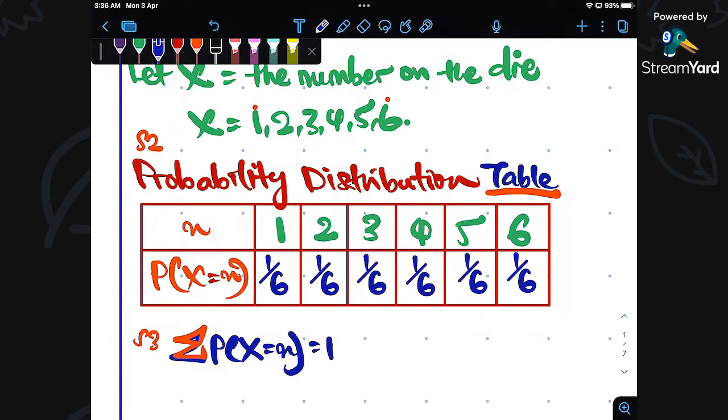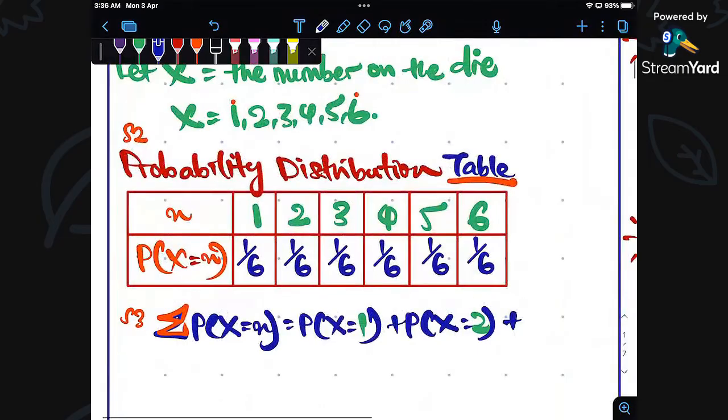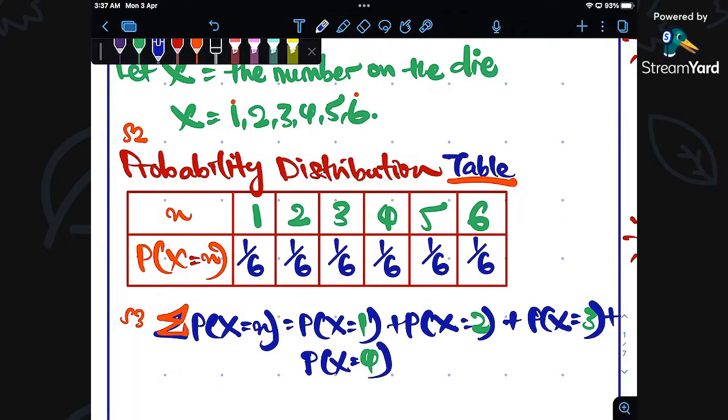Then we write down each of these: probability of X equals 1, probability of X equals 2, probability of X equals 3, probability of X equals 4, probability of X equals 5, and probability of X equals 6.